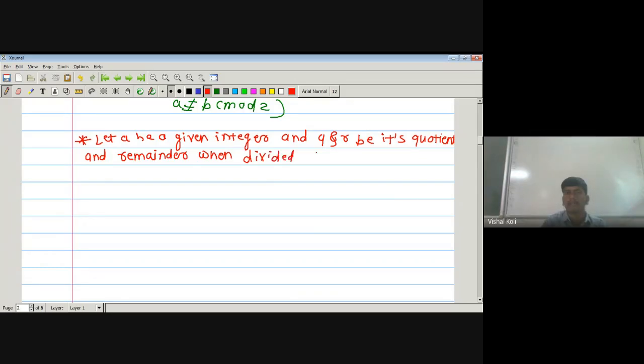If we take any integer a and q and r be its quotient and remainder when we divide this a by n, then we get the quotient q and remainder r.